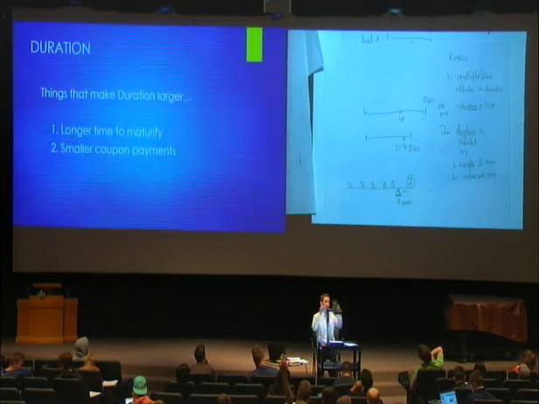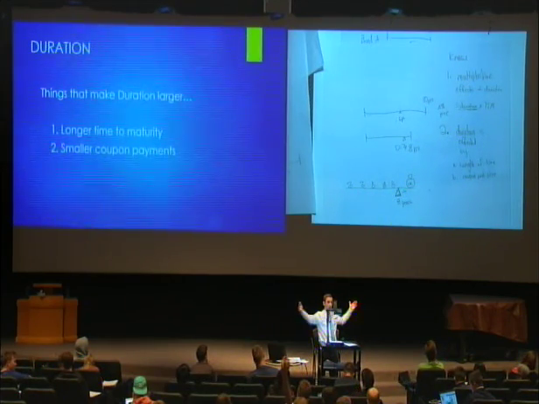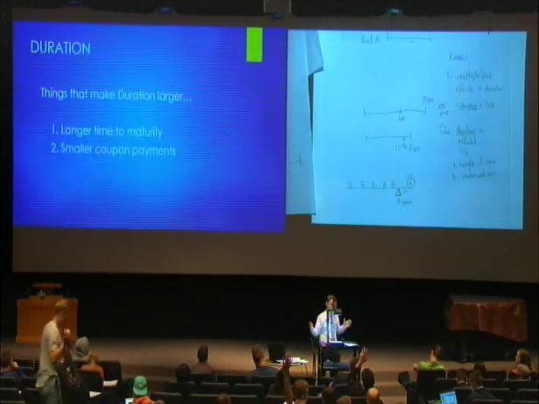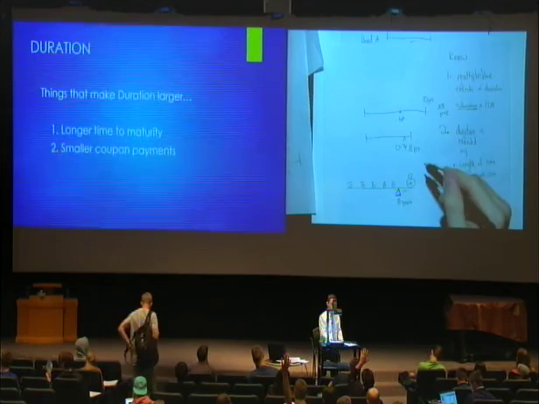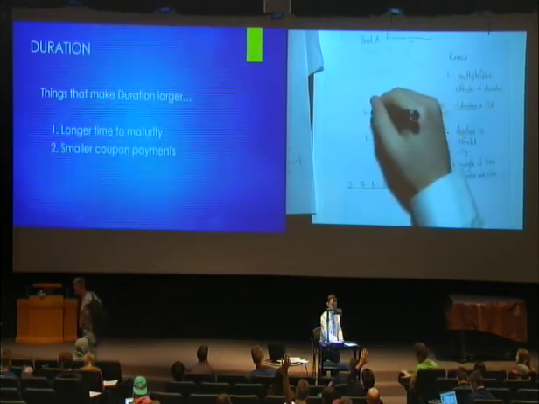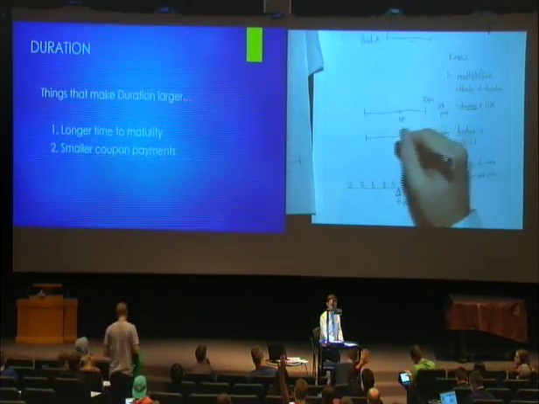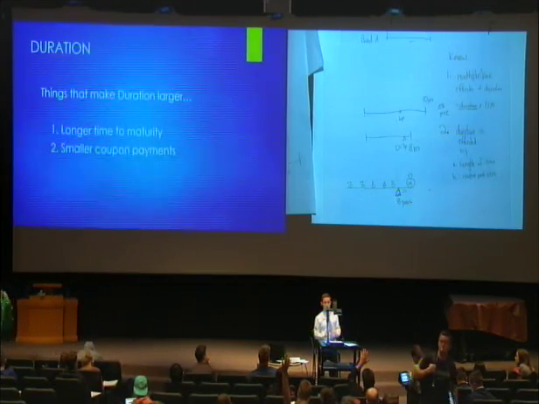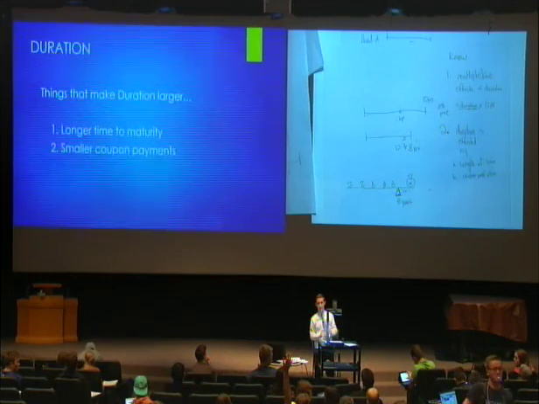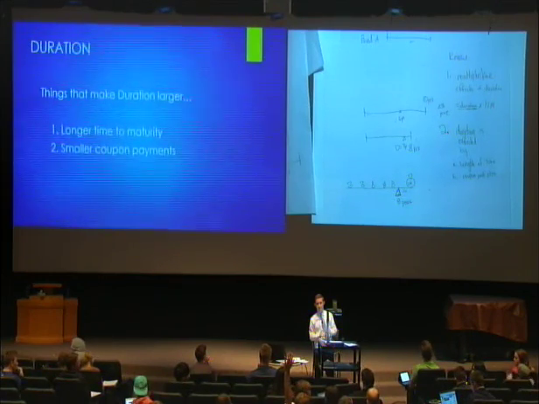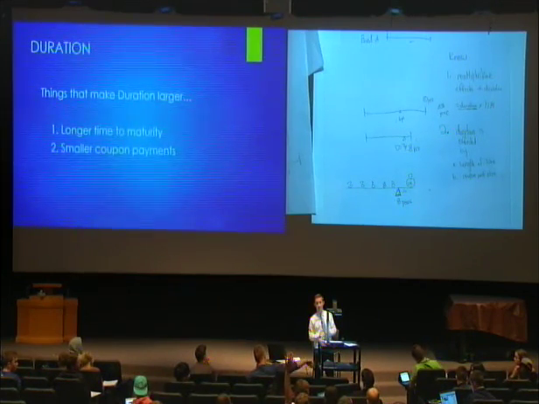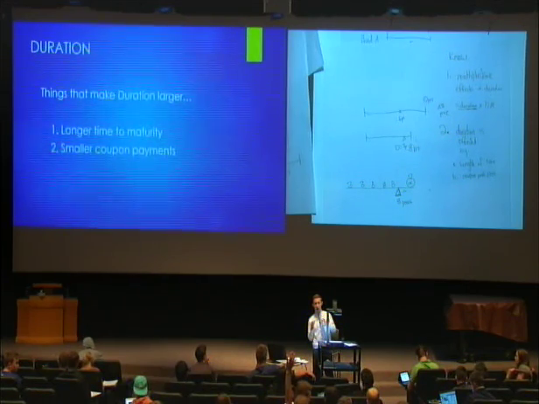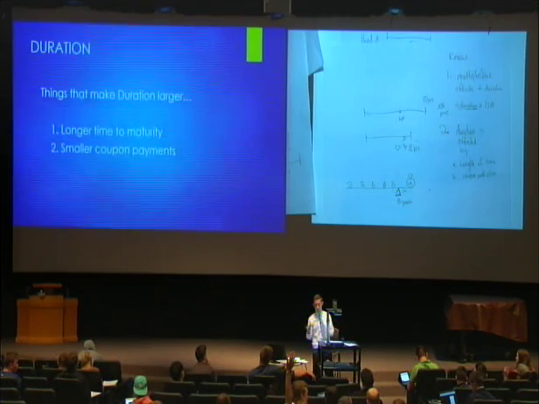So just because you see a bond that's longer doesn't necessarily mean it has a longer duration. Even though that affects it, coupon payments also play a role. So if these coupon payments were really large and these were really small, this could have a longer duration. Is there a specific benefit to having a longer or shorter duration within our bond? Yeah, it's less risky because if I'm getting $30 back versus $60, I want my money earlier.